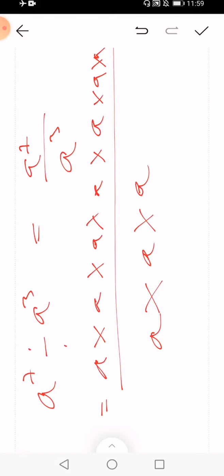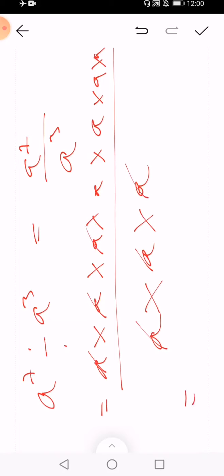And then what we have here is that the numerator has got 7 a's and the denominator has got 3 a's. So the 3 a's at the top can be divided by the 3 a's at the bottom. So this one cancels this and this one divides this and this one can be divided by this one.